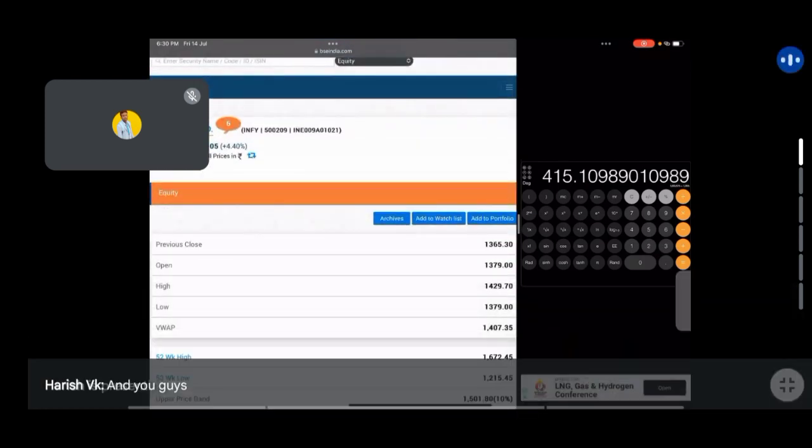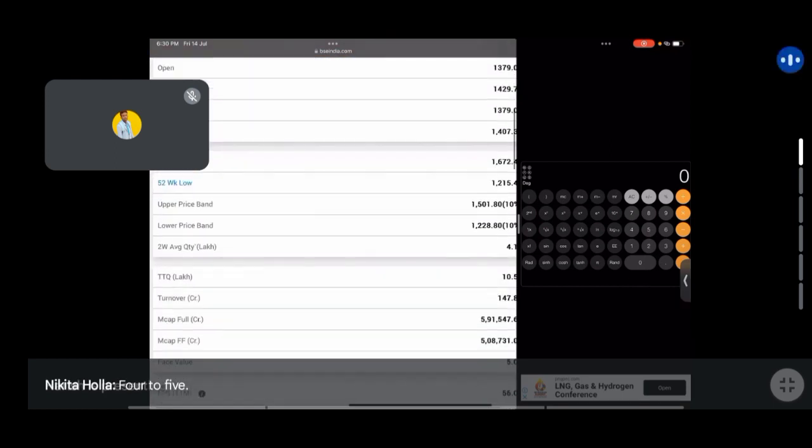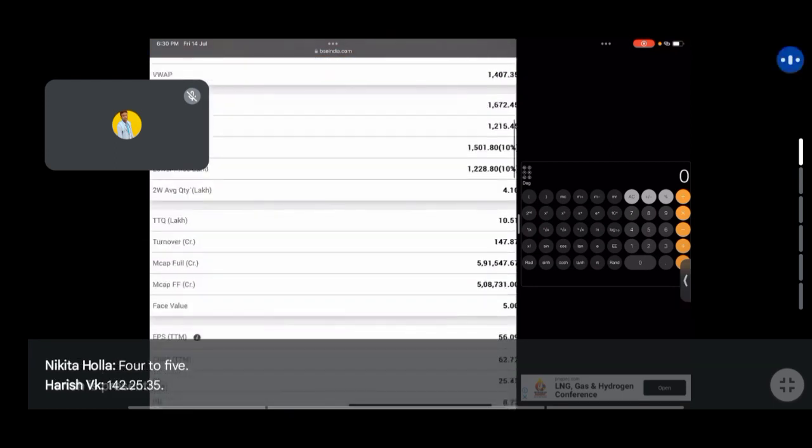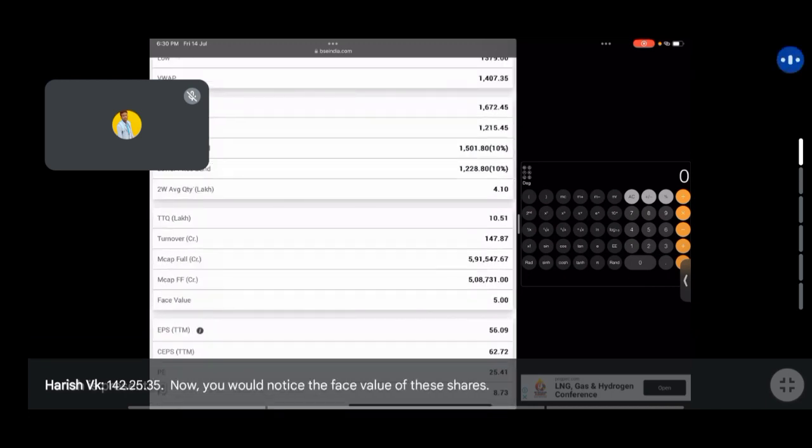Can you guys observe and tell me what the market price is? 1425. Now you would notice the face value of these shares is only 5 rupees.